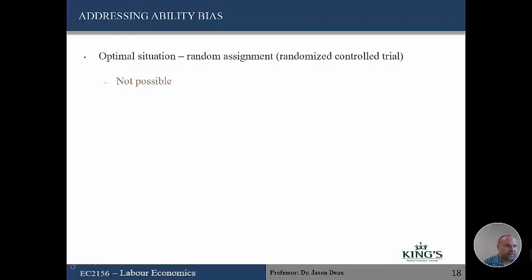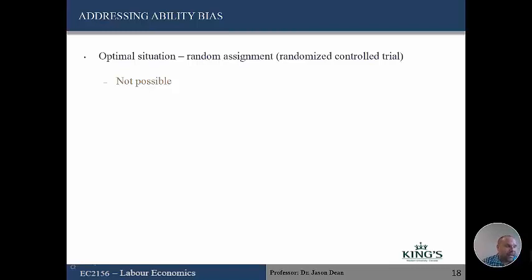If you take, say, 10,000 people and randomize them into two different groups of 5,000, using some kind of random number generator to assign them to each of the two groups, there shouldn't be any differences in the ability of the two groups. There shouldn't be any differences in motivation or any of those unobservable factors. There shouldn't be any differences in observable factors either.